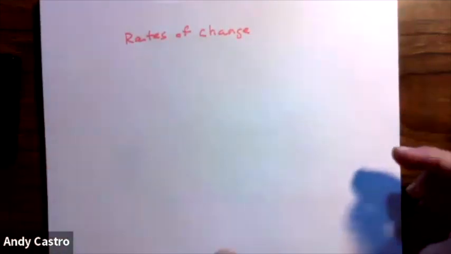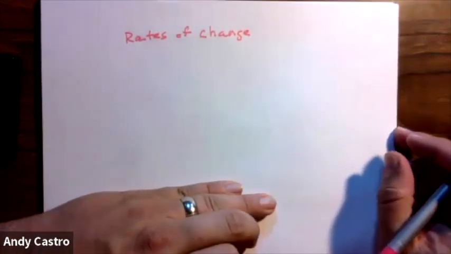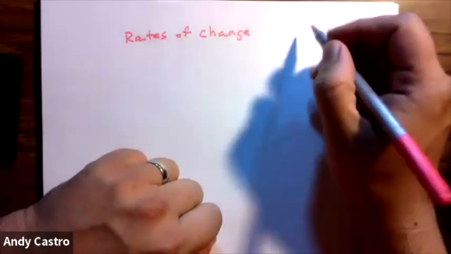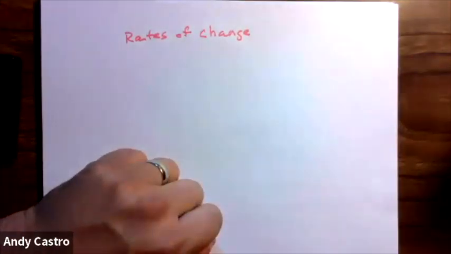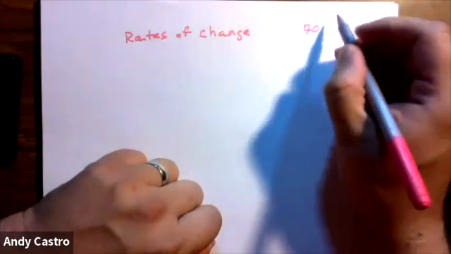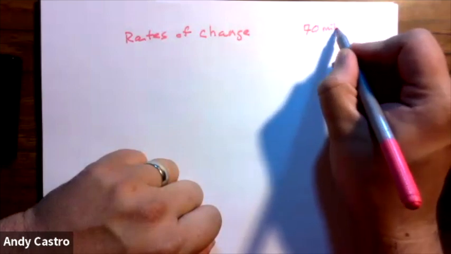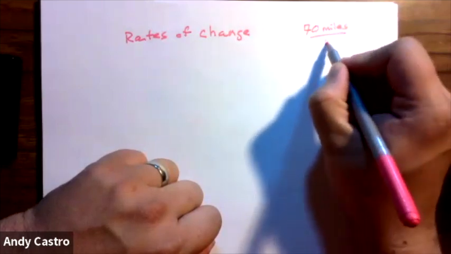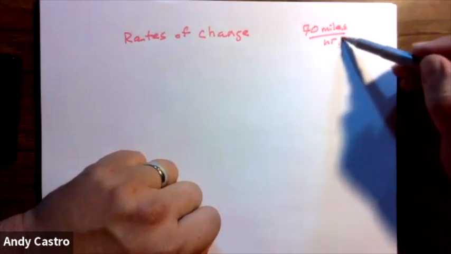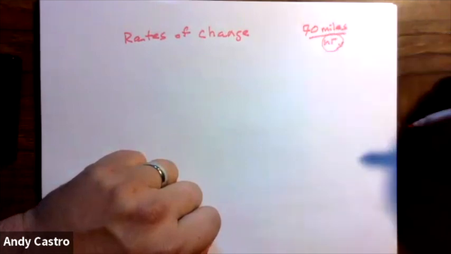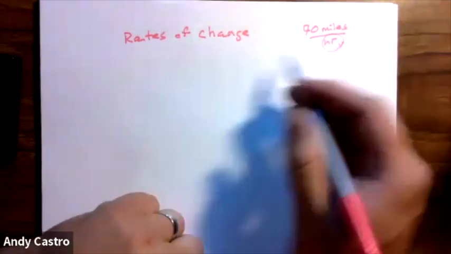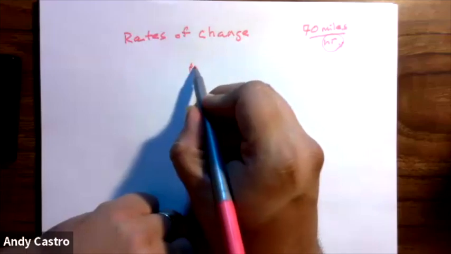A very common one that you see anytime you're in a car is the speedometer. If you're traveling down the highway, and let's say you're going 70 miles per hour, that means for every hour that you travel, you're going to cover 70 miles. That is a rate of change. Rates of change always seem to have this word per.